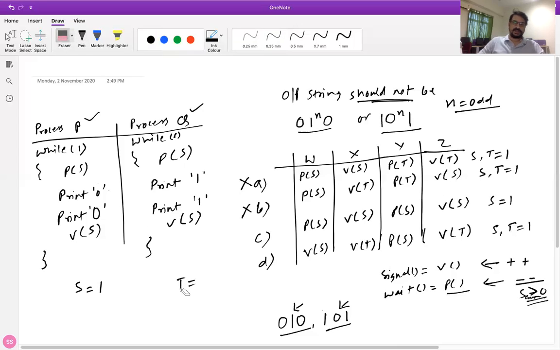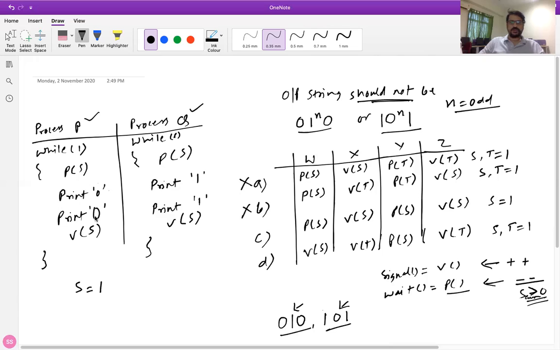It is not taking another semaphore because all are S. Now the option we have is either we can go for P process or we can go to Q process. So any of the process we can go. Let's say we'll go for Q process first.